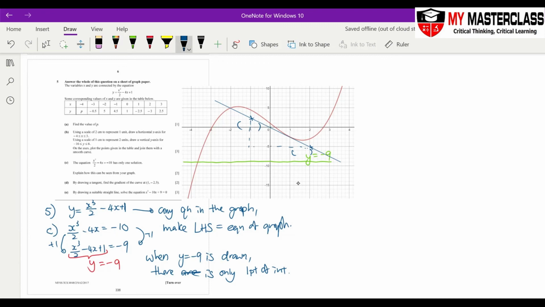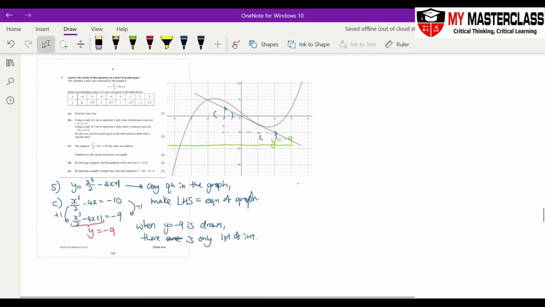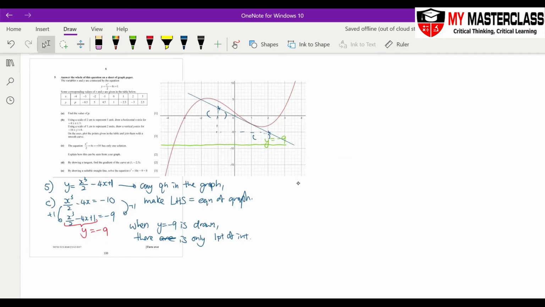If they give you the point to draw a tangent, it's easy. Now write down part d(i): if the gradient of the tangent at x equals 2, find x.